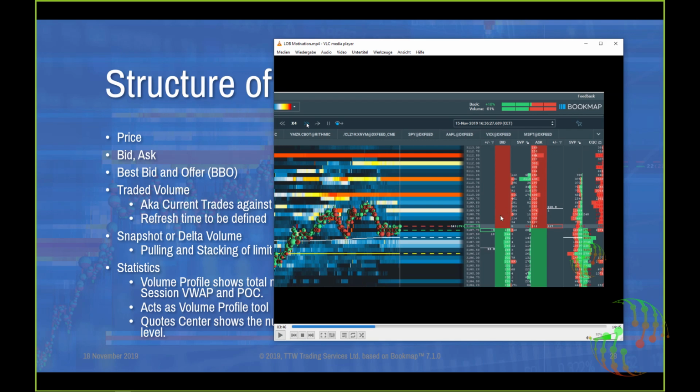Once you have this on your chart, your brain starts to combine the numerical world of the limit order book with the visual world of Bookmap. And you will see things when you combine both worlds that you have never seen before.